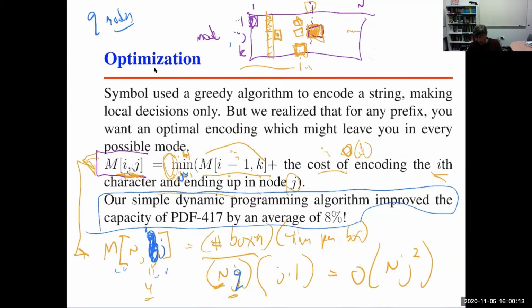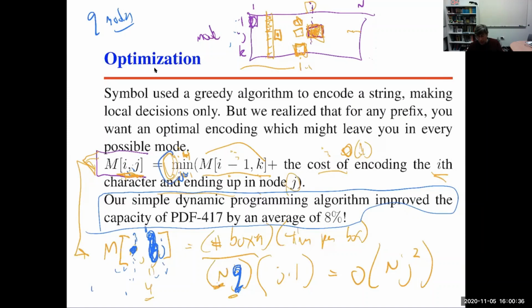To compute m sub j, any of these things, there are n times q boxes total, because the position in the string can go from 1 to n. I guess if I did this as i, j, that's probably the right way to do it. The position can vary from 1 to n. The number of modes can vary from 1 to q.